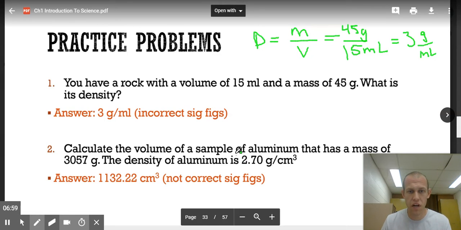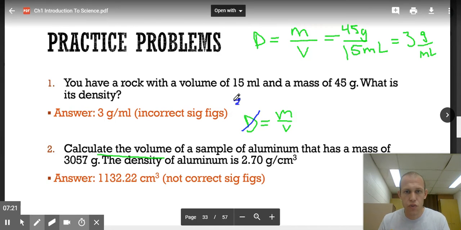Here's another example where we're talking about aluminum, and we want to calculate the volume. So remember, density is equal to mass divided by volume. Calculate the volume of a sample of aluminum that has a mass of that much and a density of that much.